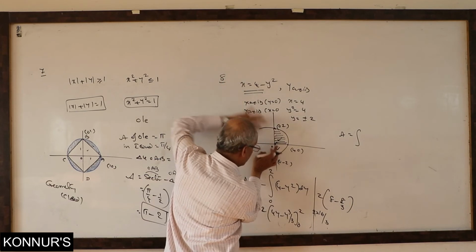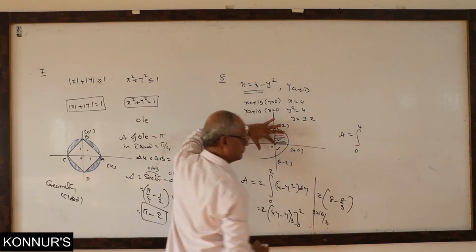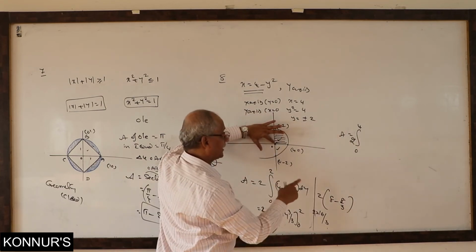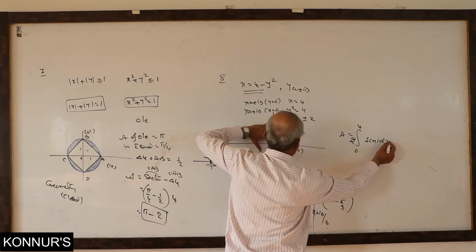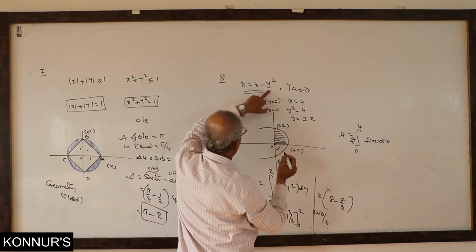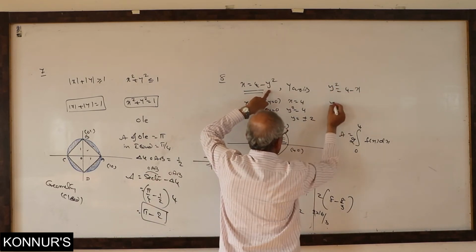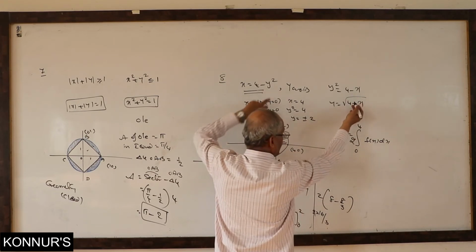With the x-axis, if I want x limit to x limit, 0 to 4, double integral of the function of x dx. We need to find the y value in terms of x. Y square equal to 4 minus x, y equal to root of 4 minus x, with the plus or minus sign.